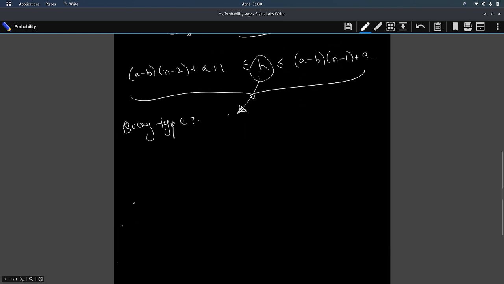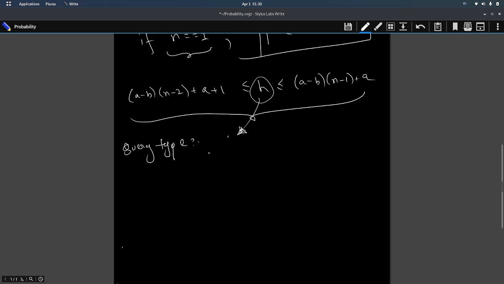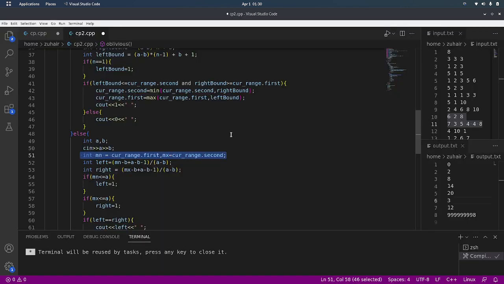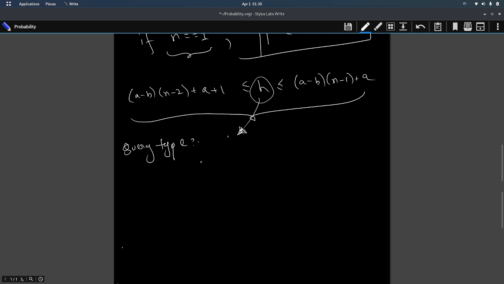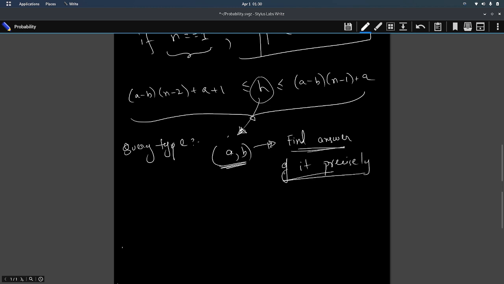So the query of type 2 says that a snail with attributes a and b will be given. You have to tell how many... well, can we find the answer of it precisely?